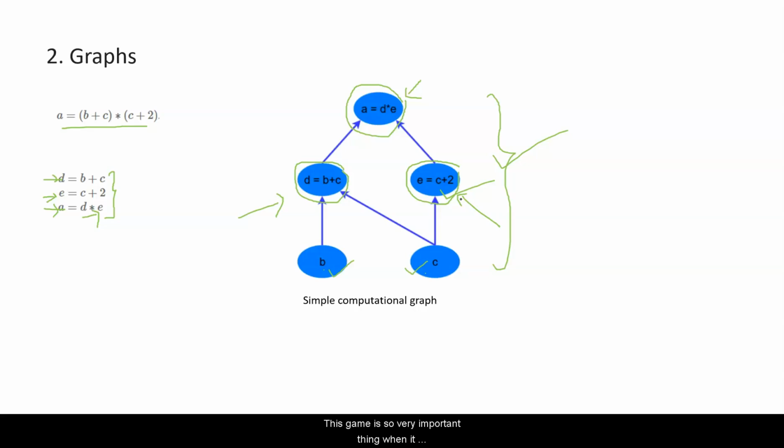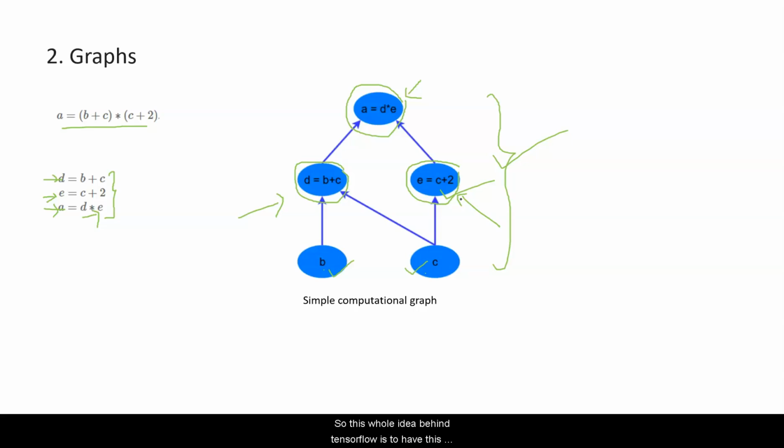And this gain is a very important thing when it comes to big data applications and deep learning applications, especially for complicated neural network architectures, such as the architectures we will see in our course, which are the convolutional neural network and recurrent neural network.